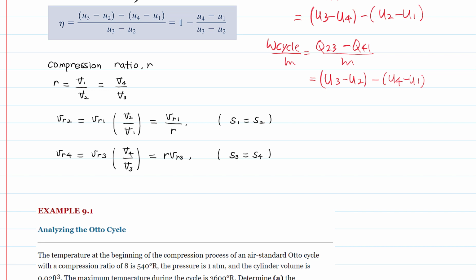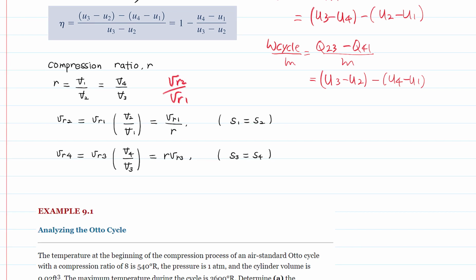Recall that we define the relative pressure and the relative specific volume for air under isentropic processes. The relative volume at state 2 can be expressed in terms of the relative volume at state 1. The relative specific volume ratio equals V2 over V1, the volume ratio.